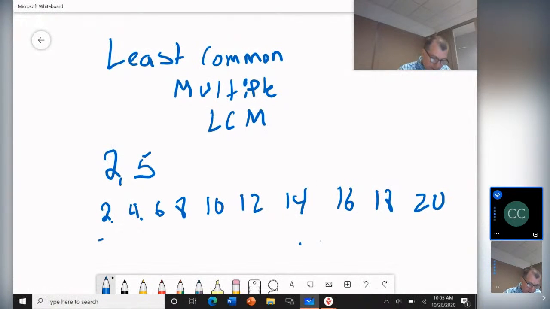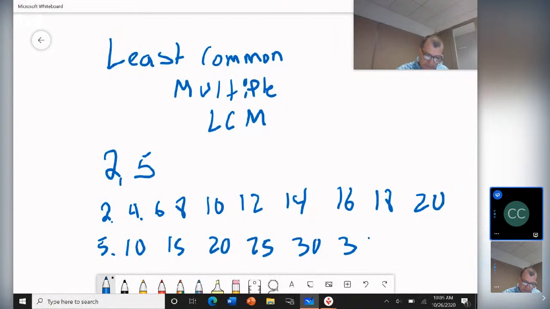For 5, we have 5, 10, 15, 20, 25, 30, 35. Okay, so now we find the smallest number that both can go into. It's going to be 10. So the least common multiple is going to be 10.